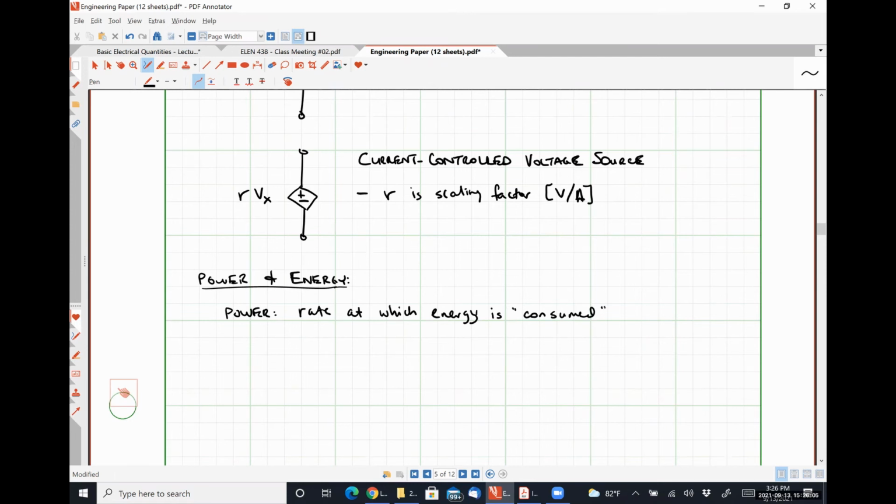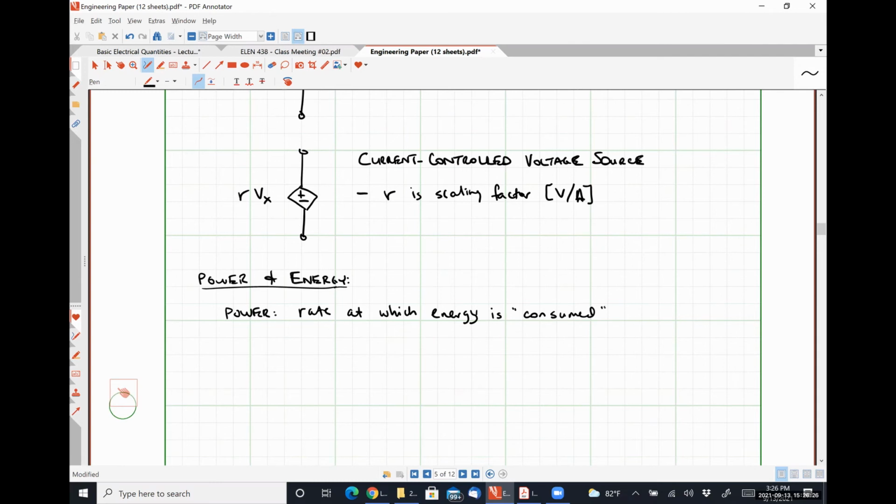And I say that in quotation marks because we don't really consume energy, we convert its form, right? So electrical energy can be converted into heat by way of resistance, which is what we're going to talk about next class period. And that's probably the most common application that you guys are aware of.